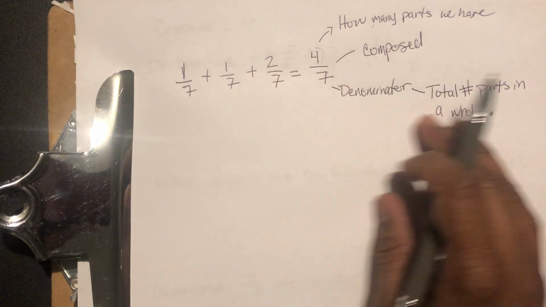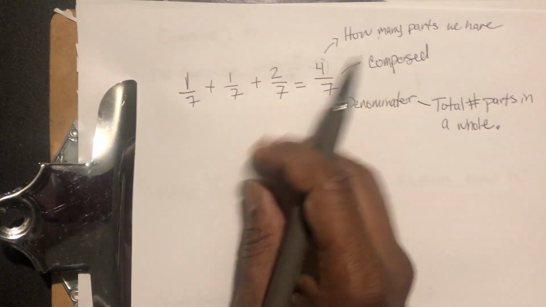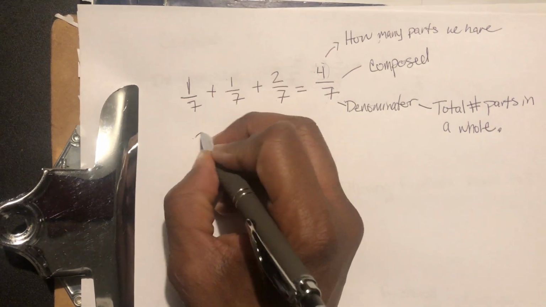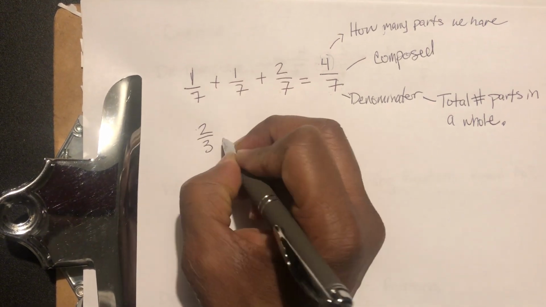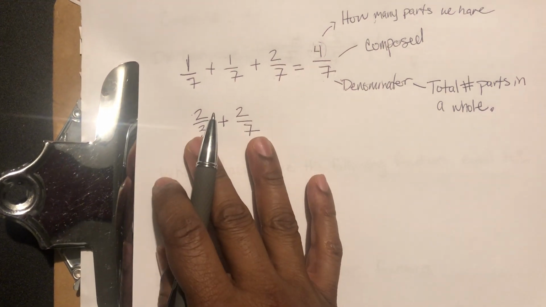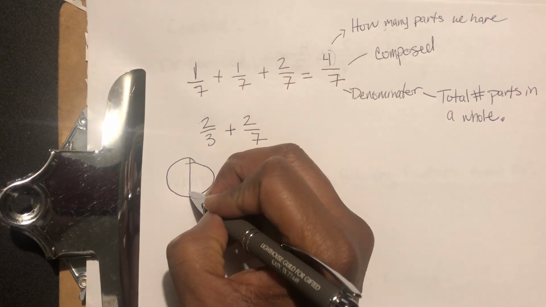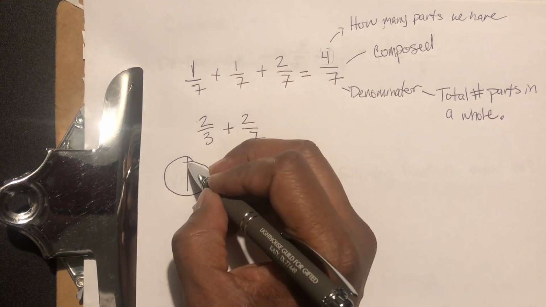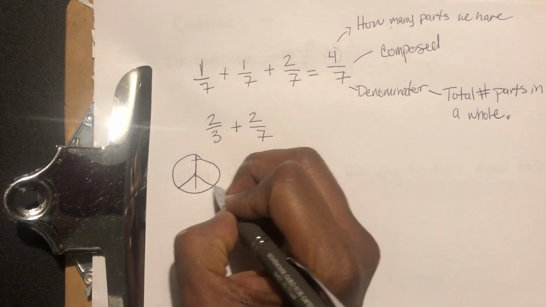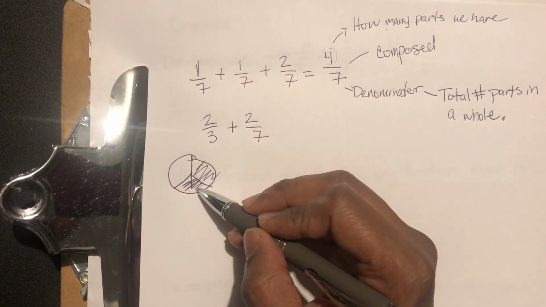Because the denominator tells us how many parts there are in a whole, I cannot take, let's say, 2/3 and add it to 2/7. I can't just add it like that because it's literally saying that this whole has been split into 1, 2, 3 parts, and I have 2 of them shaded in.